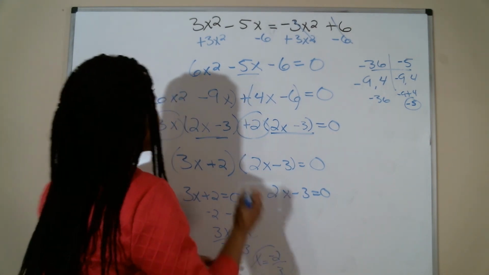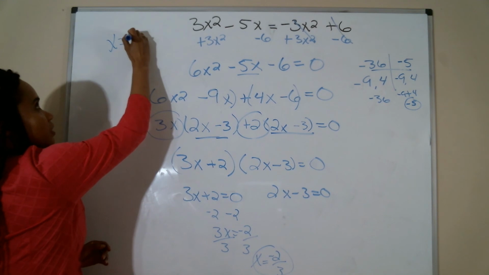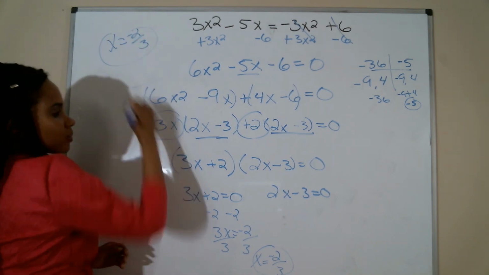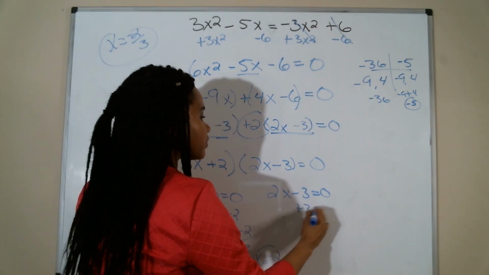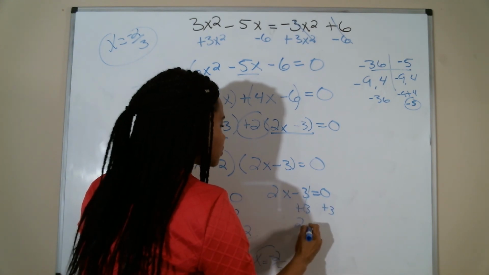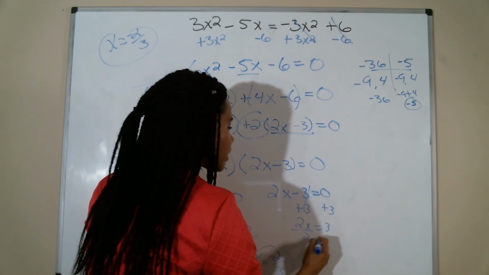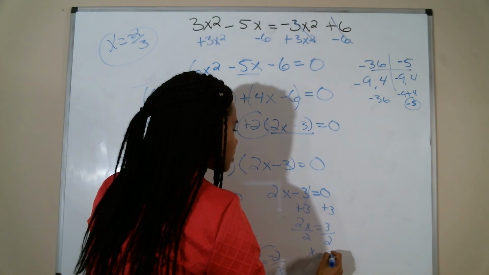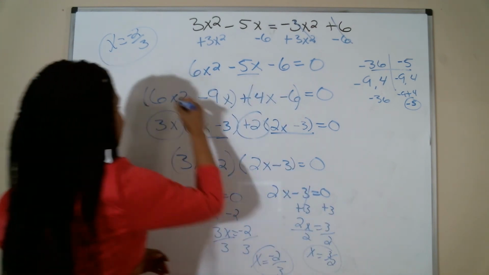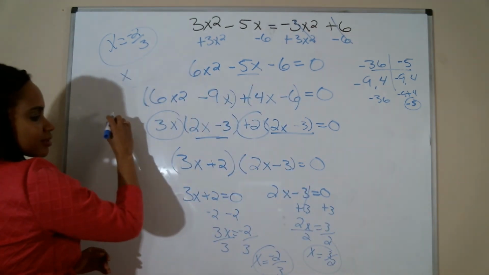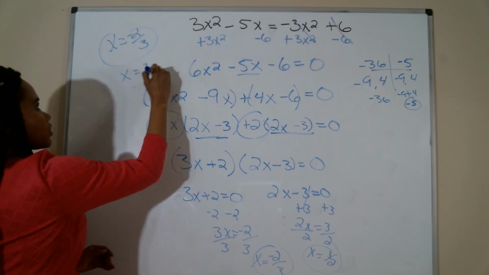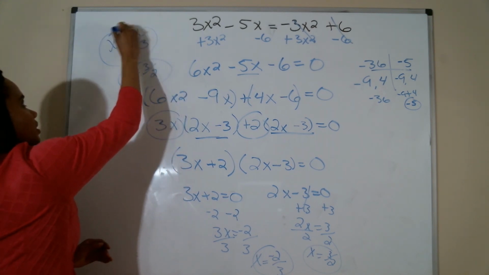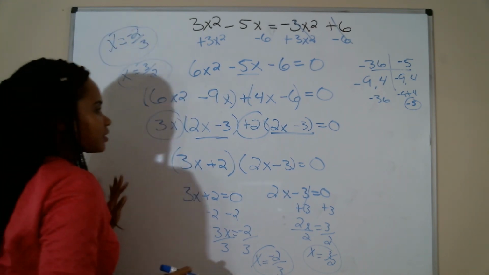So that's one of my answers. Right here, I'm adding 3, again just solving the two-step equation. Dividing by 2, x is equal to 3/2. So these are my two answers. I have two fractions: x is equal to 3/2, and x is equal to negative 2/3.